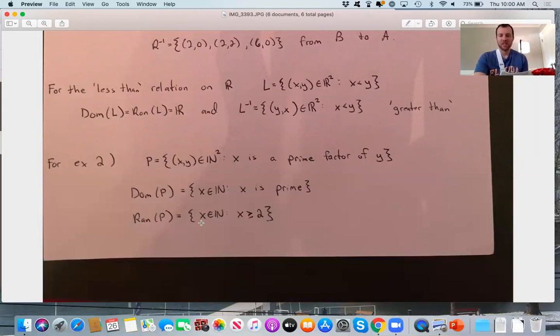As a convention, 0 and 1 don't really have prime factors. But every number 2 or greater has a prime factor, so every number 2 or greater appears as a second coordinate. Depending on the prime factorization, it might have a lot of prime factors and might appear as a second coordinate in multiple ordered pairs. But all we need is for it to have one.